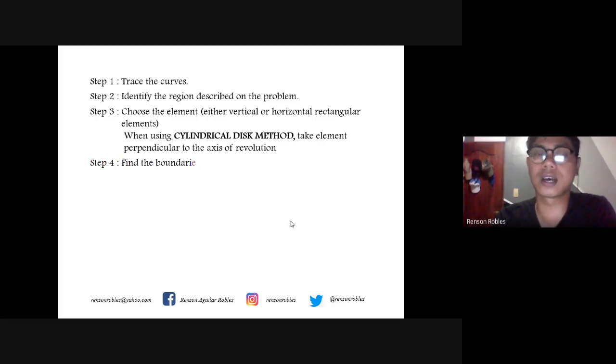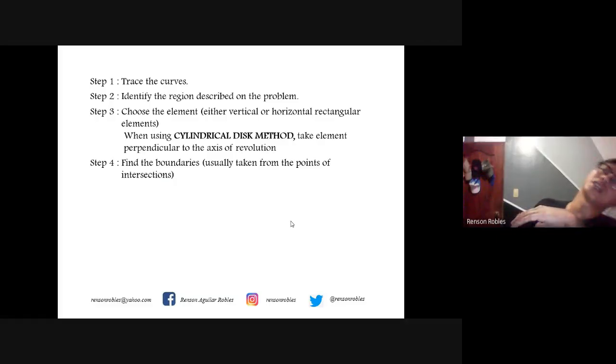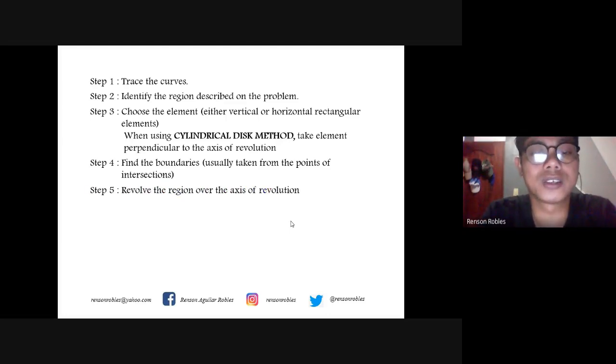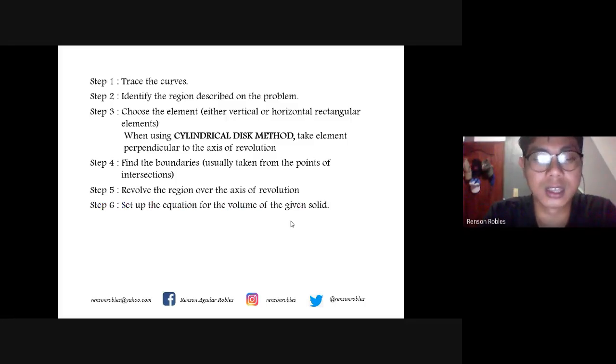You just choose the most appropriate. Number 4, you find the boundaries, and again, these were usually taken from the points of intersection. And then number 5, you revolve the region over the axis of revolution. Number 6, you set up the equation, and then number 7, you integrate to find the volume. You take a screenshot of this step.